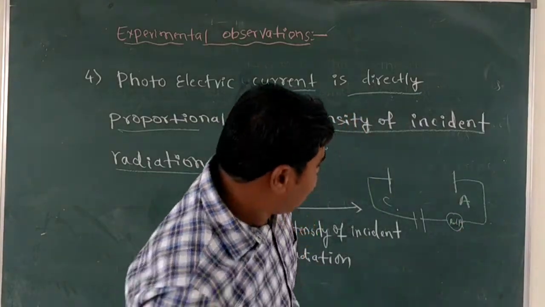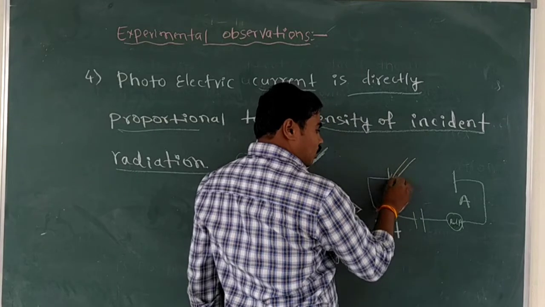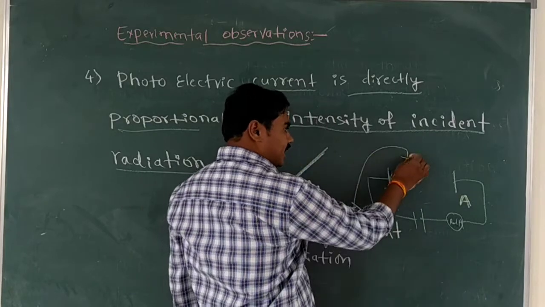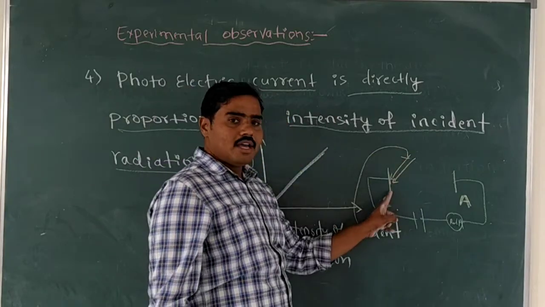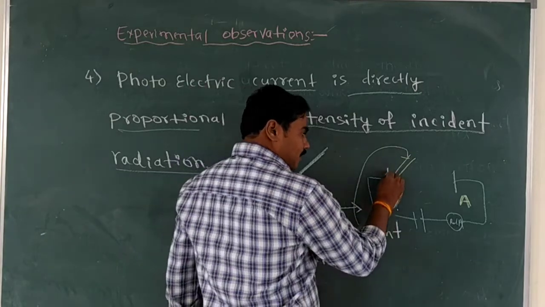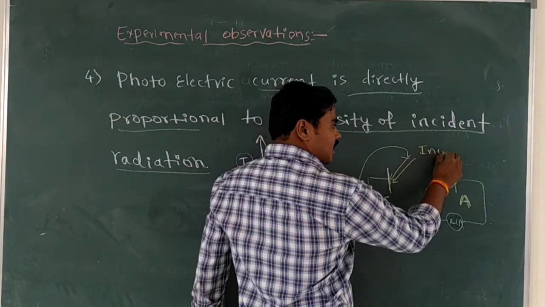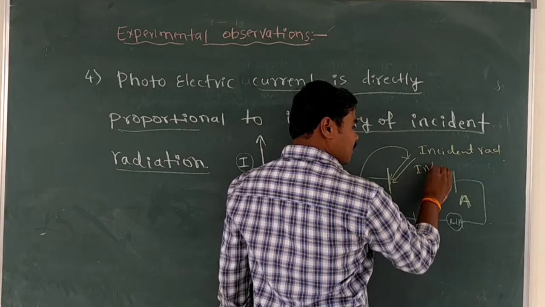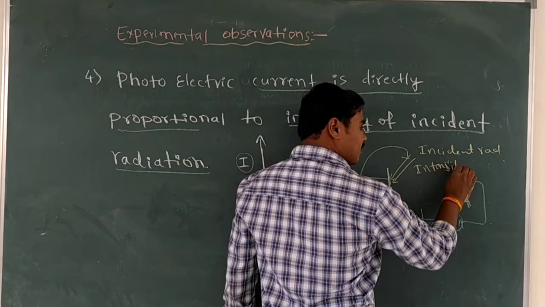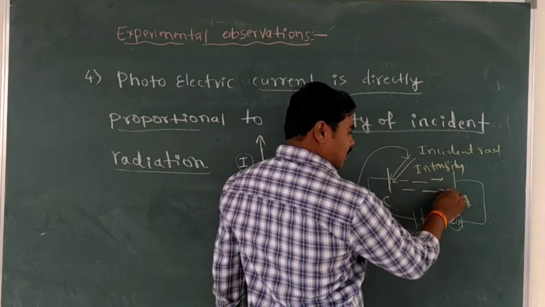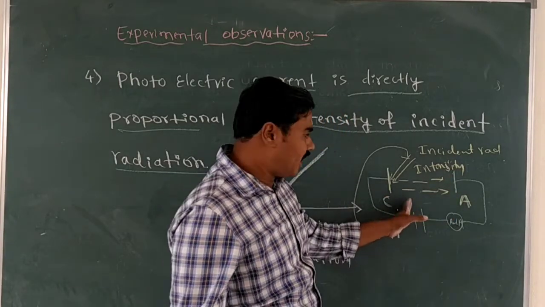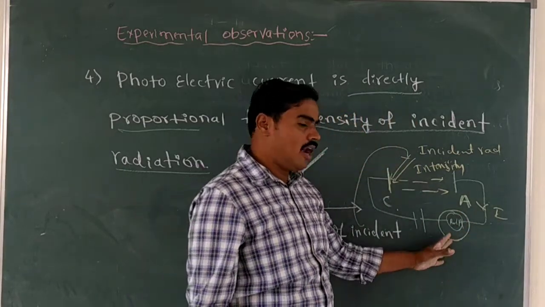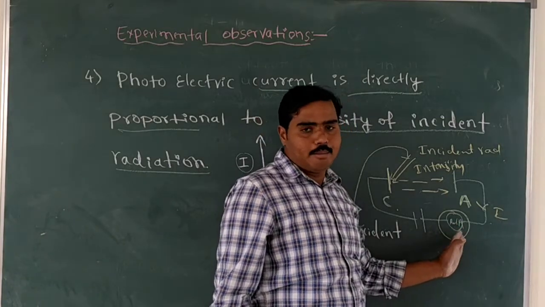When UV radiation is incident on the cathode plate and the intensity of incident radiation increases, more electrons are liberated, which means the current in the circuit also increases. That current is detected or measured by using the microammeter.